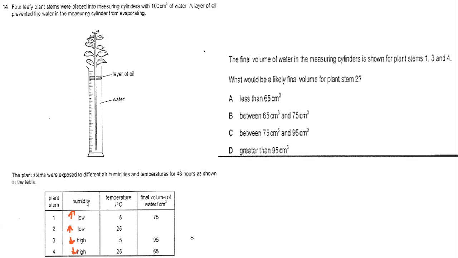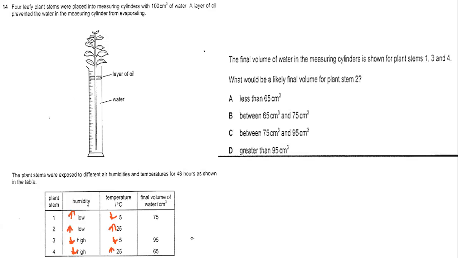Now, what about the temperature? The higher the temperature, the higher the transpiration rate. So here we have low temperature, so low transpiration rate, high temperature, so high transpiration rate, low and high.